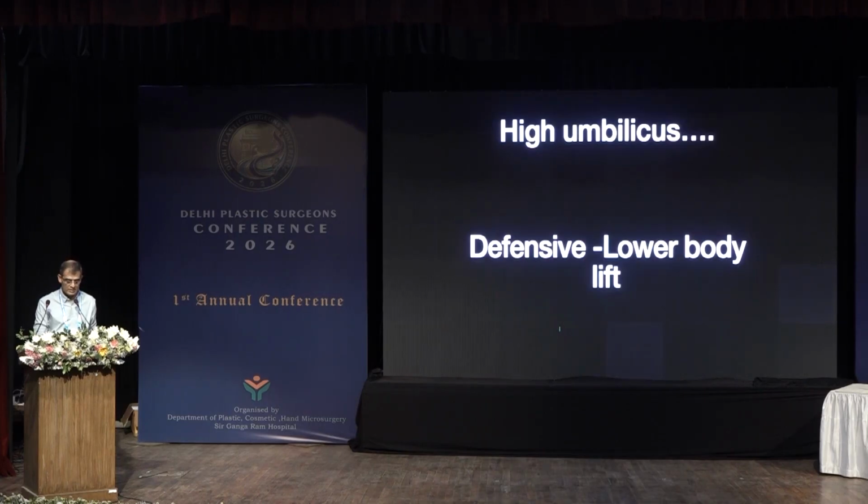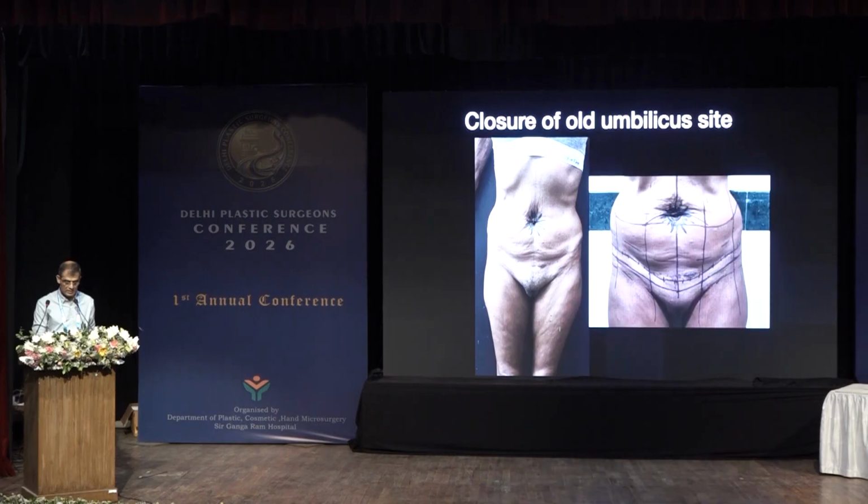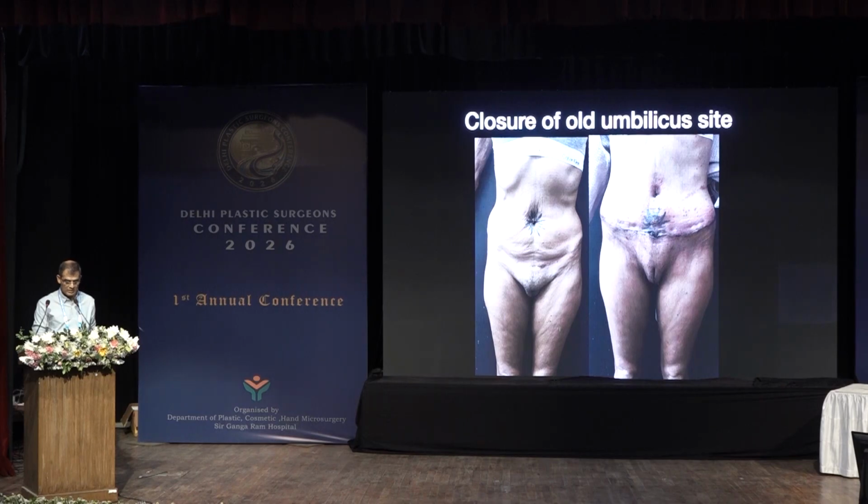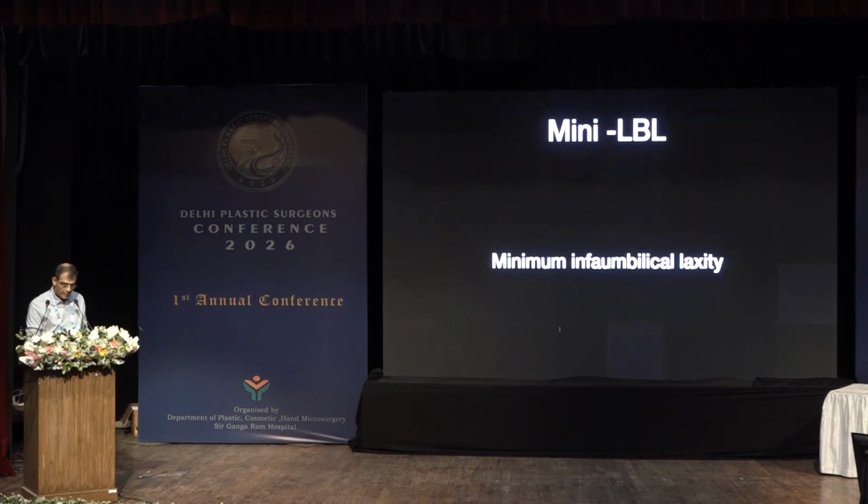So for instance, defensive lower body lift I would do in a patient with high umbilicus. Like here you can see I have drawn a defensive line below the umbilicus because I was not sure whether I'll be able to excise the umbilicus. And the old umbilicus hole was closed as a vertical scar, which is fortunately hidden in the tattoo mark.